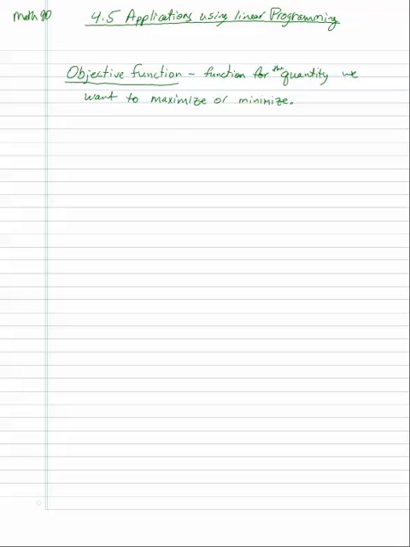And then we have what are called constraints. You can have constraints or demands of whatever you're operating. For instance, you're limited to the supplies on hand.